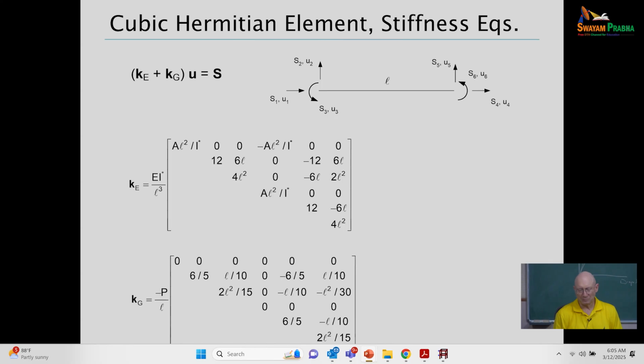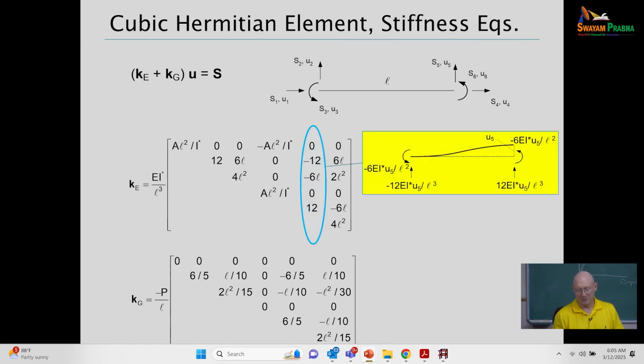So the matrices that we get, you get two matrices when you're using a cubic Hermitian element, or we usually write it this way. The first matrix is what engineers often learn in a first matrix structural analysis class.